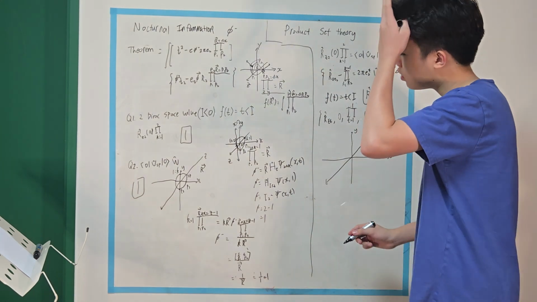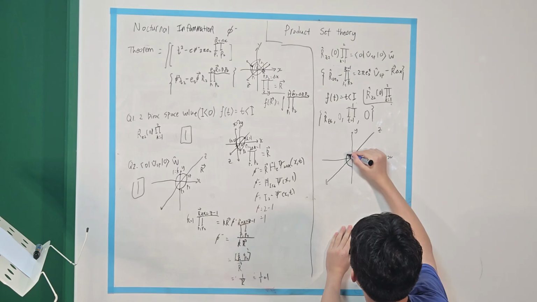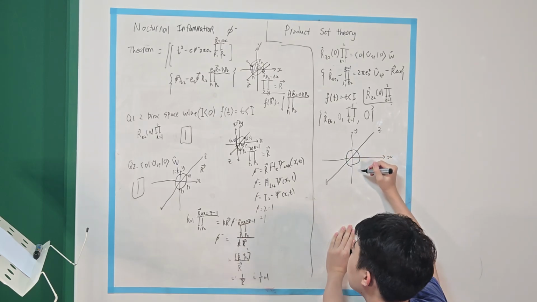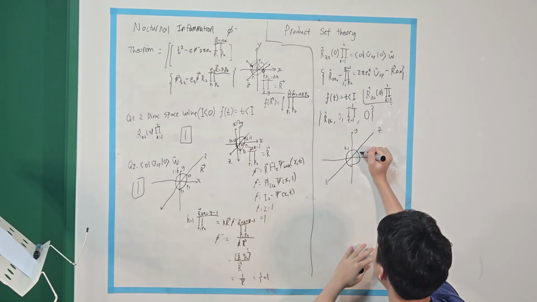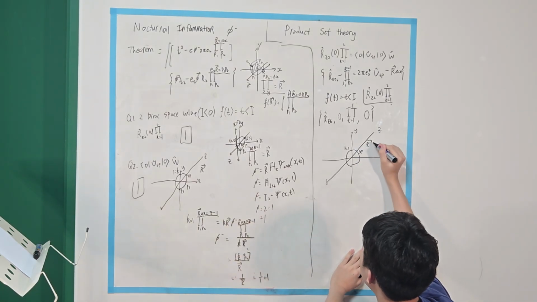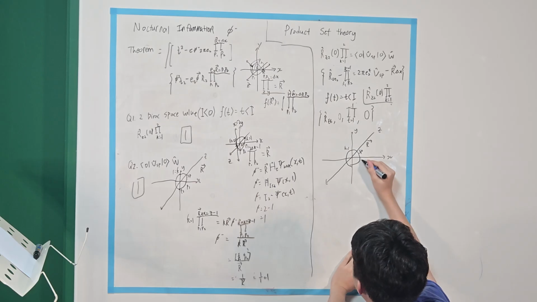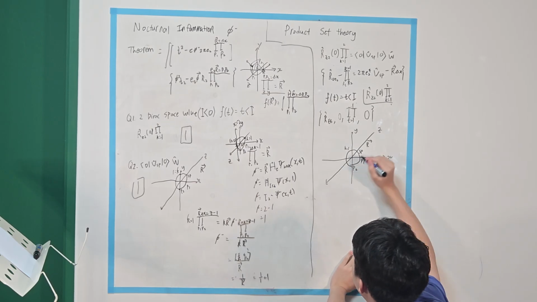Now we're going to draw this in the same way we did last time. Draw the Bloch sphere. I wrote 1 equals k right there, but I'm going to fix it this time. This one is P1, this one is P2.